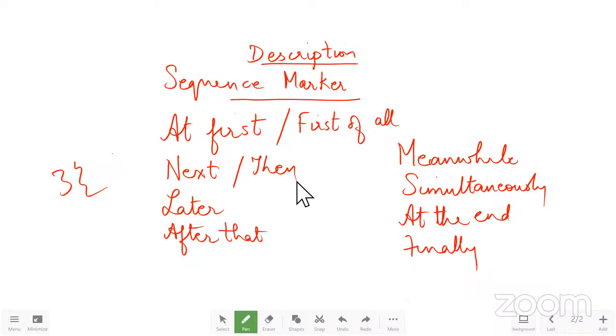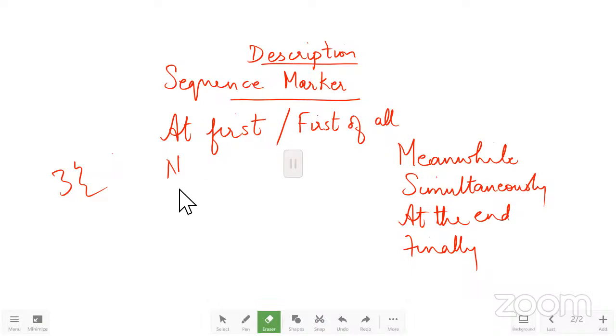So I hope you have understood, children. In description, you have 4 kinds of description: persons, places, things, and process writing. Only in process writing do you have sequence markers. In giving the description of persons and places, you needn't use them.